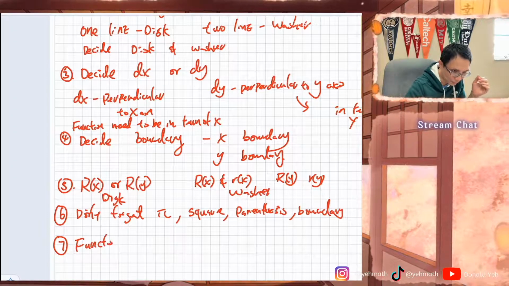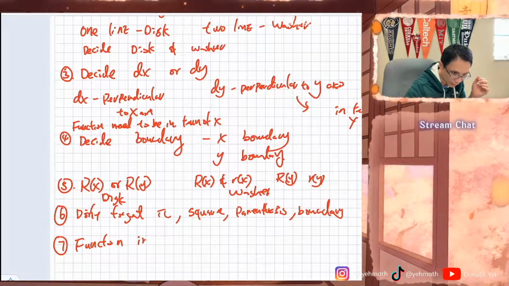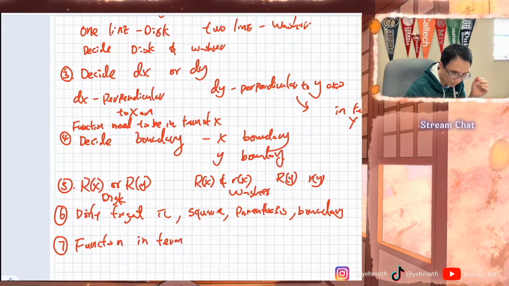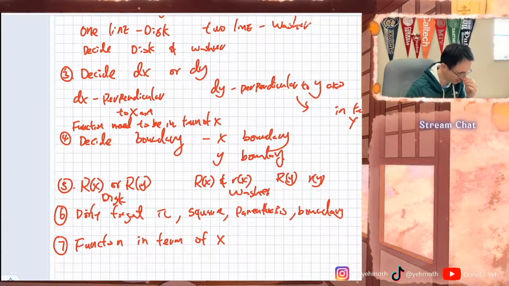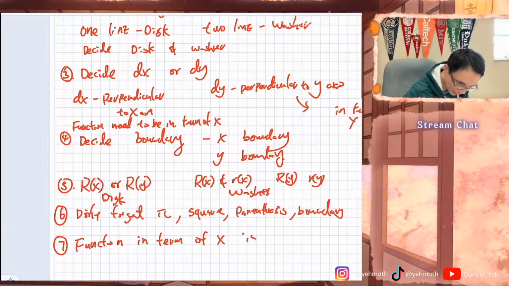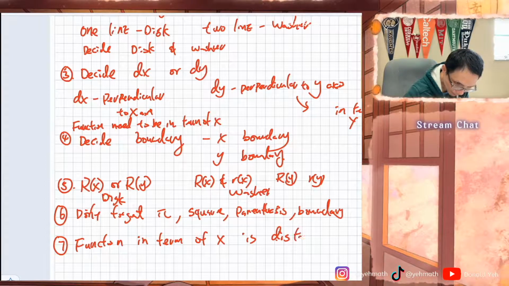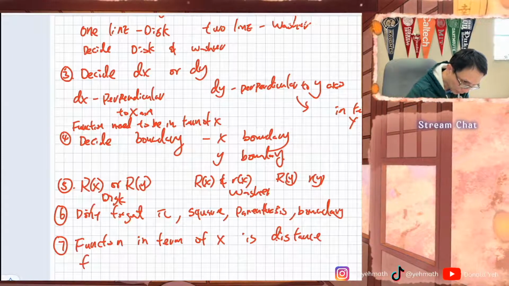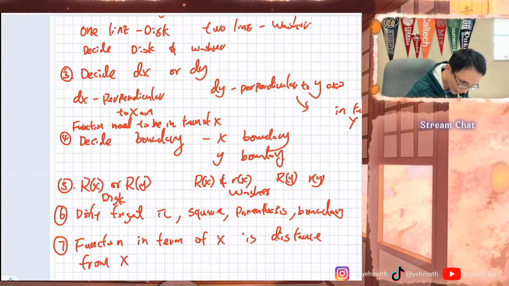Seven, the last step. A function in terms of x is the distance from the x-axis to the curve.